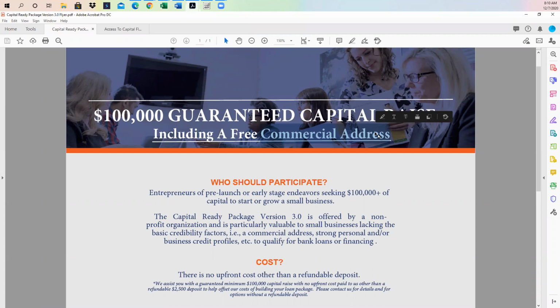And can a brand new startup get an SBA loan? Absolutely. And we've got examples of that. However, if we can go get at least the first round or one of the early rounds of funding, for instance, through the Chapman Fund, where we don't have to go through a bank, our approval rates skyrocket, because now you've got this tax supported source of funds that's there to help start and grow small businesses.